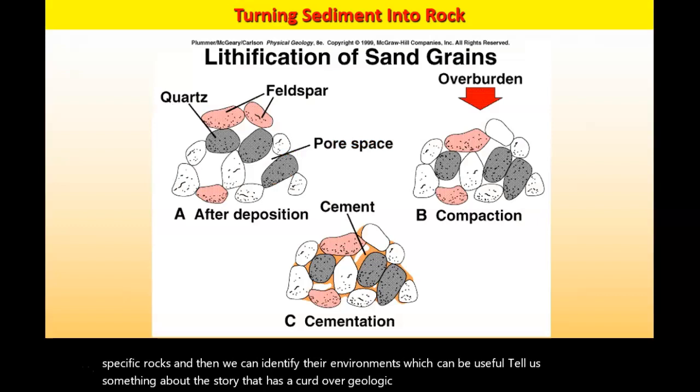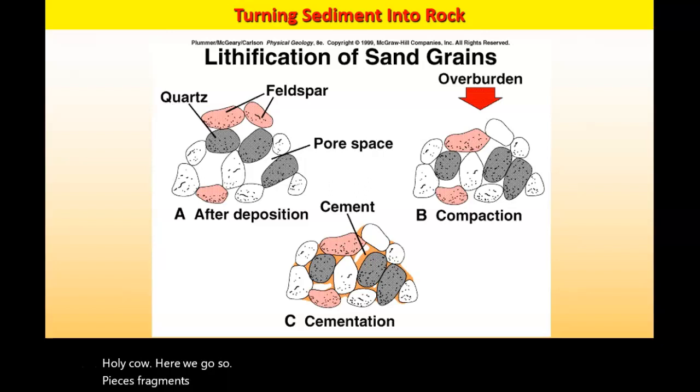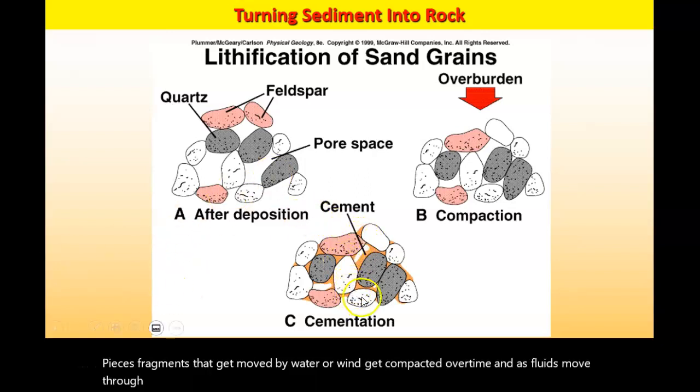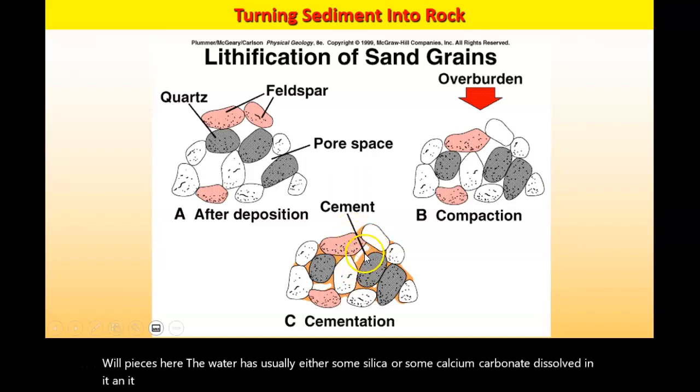So, the sedimentary rock story, holy cow, here we go. Pieces, fragments that get moved by water or wind get compacted over time, and as fluids move through these little pieces, the water has usually either some silica or some calcium carbonate dissolved in it, and it precipitates out as a crystal, and it actually glues these pieces together, so it cements them.